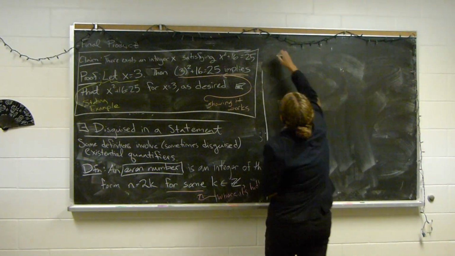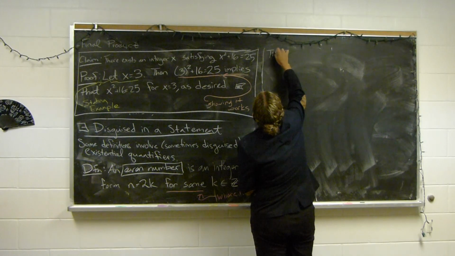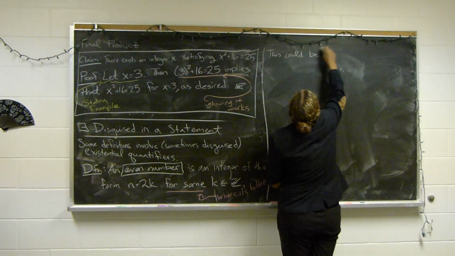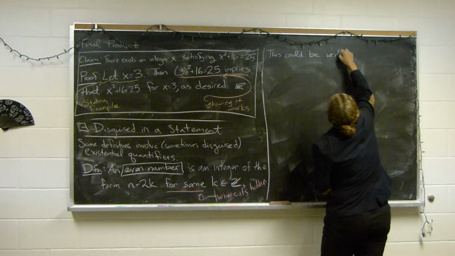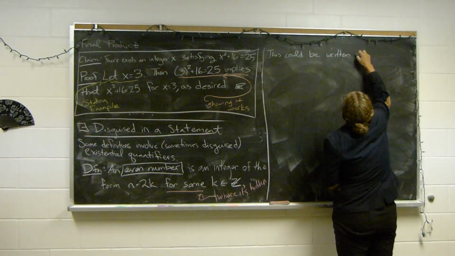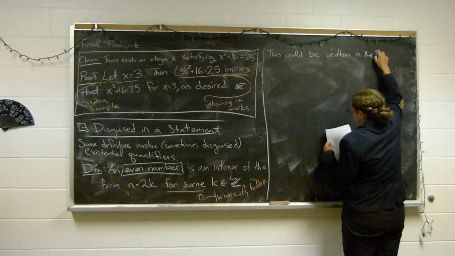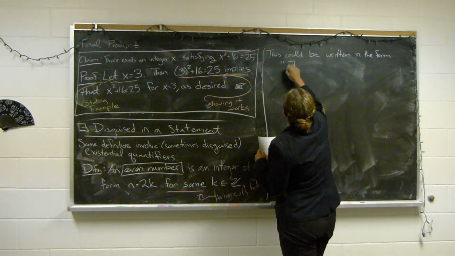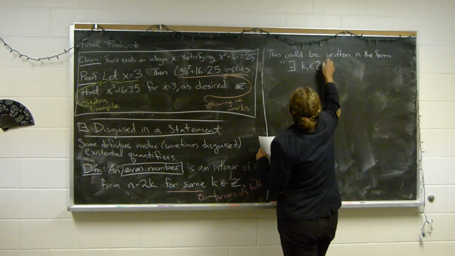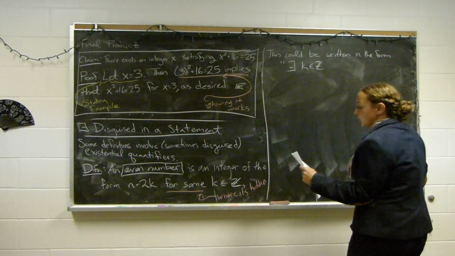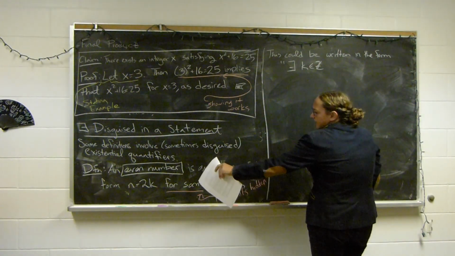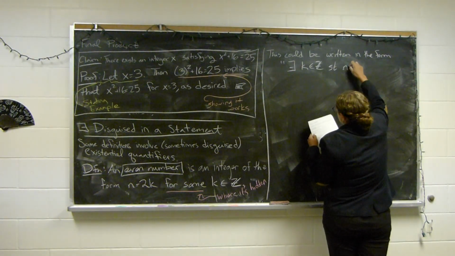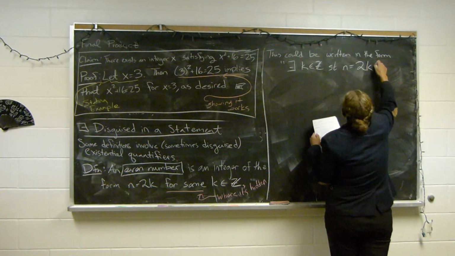This could have been written in this form: there exists a k in the integers such that n equals 2k. Because this was for some k in the integers, this was another way of saying there exists.